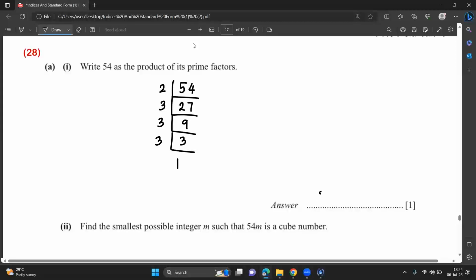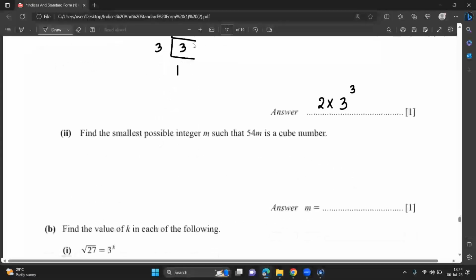How do I write this now? 2 into 3 to the power? Is that understood? Okay, that's all. Then when you solve it, you will end up getting 54. Okay? So when they say product, you have to use the multiplication sign.